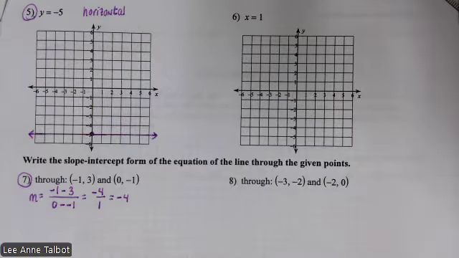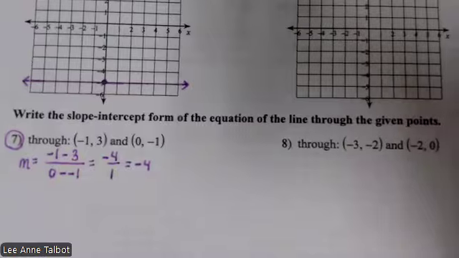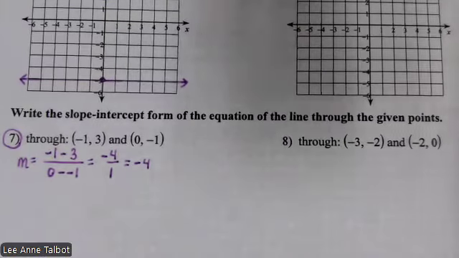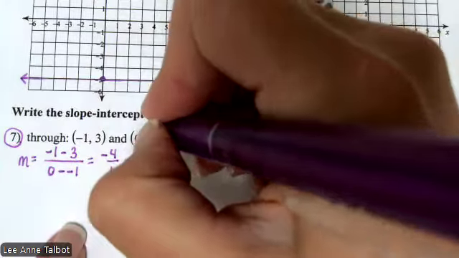Do you guys see anything special about this particular problem with b? What is the correct vocabulary word for b? Y-intercept. What is the y-intercept in this problem? -1. They already gave it to you.